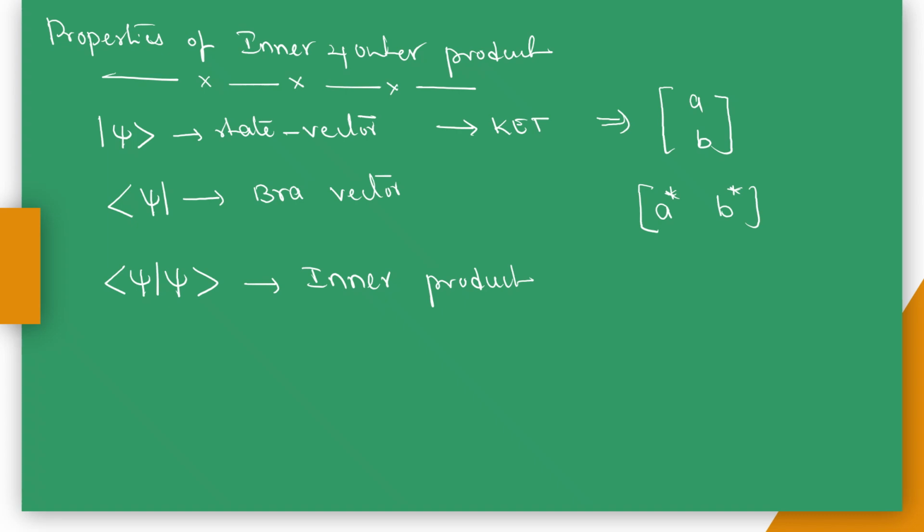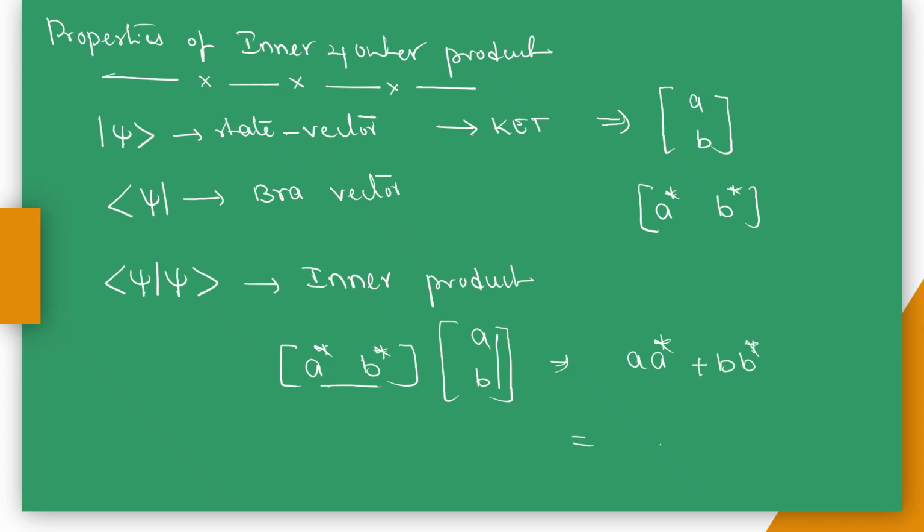The product between these two, here the first one is the bra and the ket, gives A into A star plus B into B star.